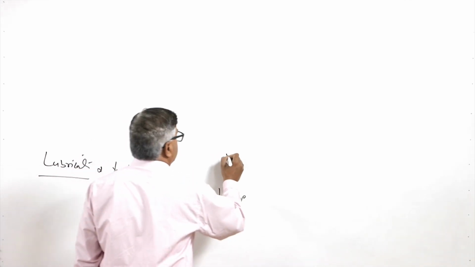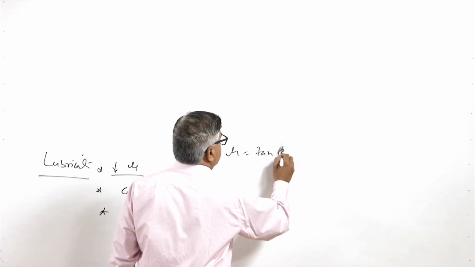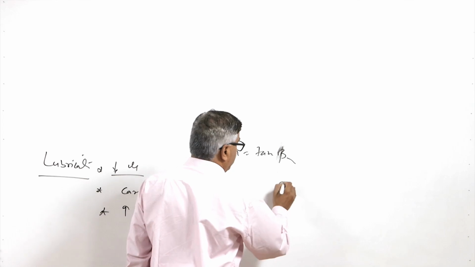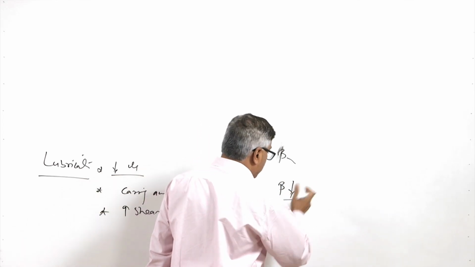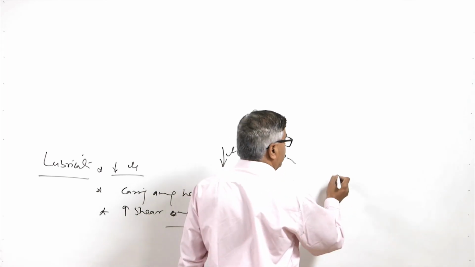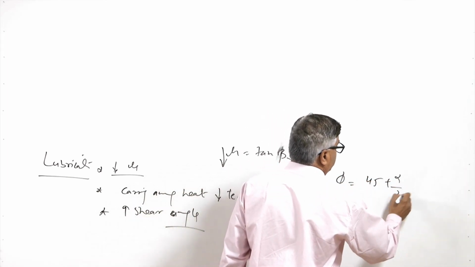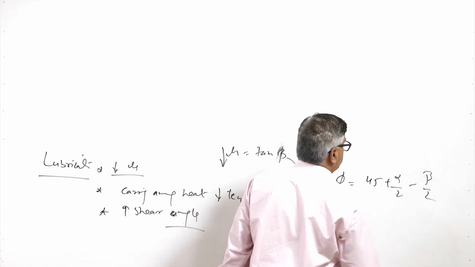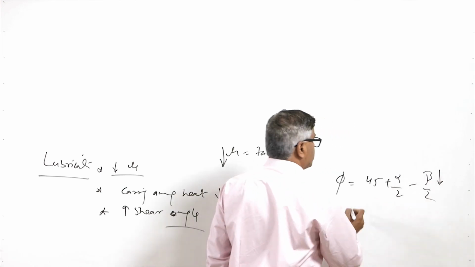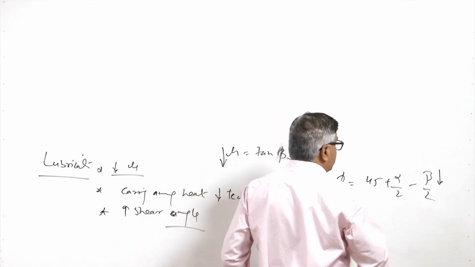For that we need to see that mu is equal to tan beta, where beta is the friction angle. If the friction coefficient is reduced, it helps in reducing the beta value, the friction angle. Then according to the Merchant theory, phi is equal to 45 plus alpha by 2 minus beta by 2. So, for a given rake angle, if the beta value is reduced, it will help in increasing the value of phi.